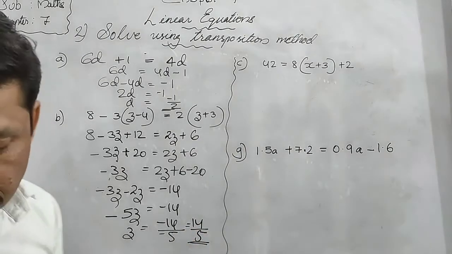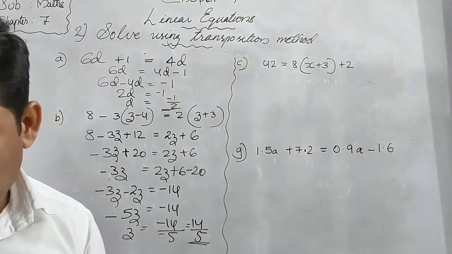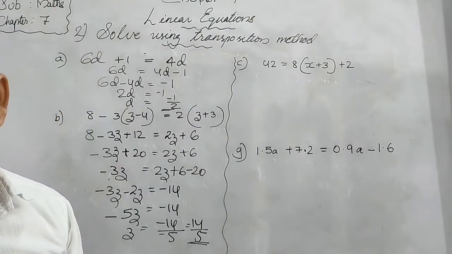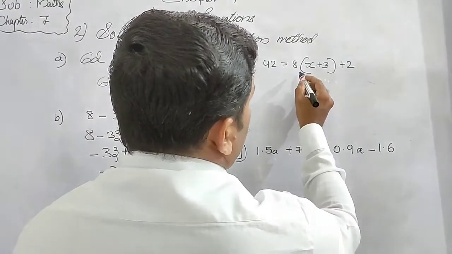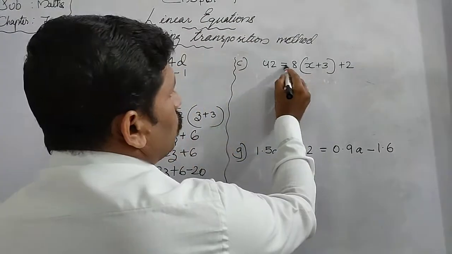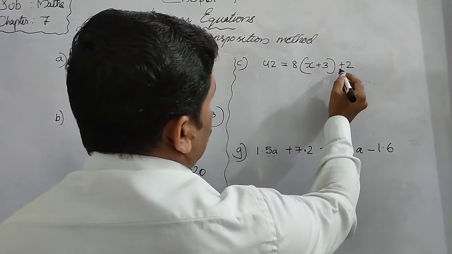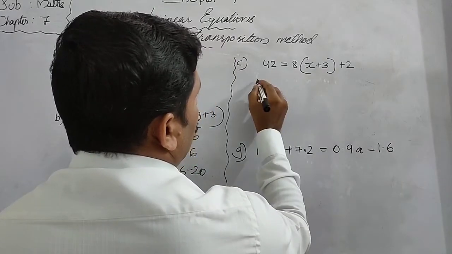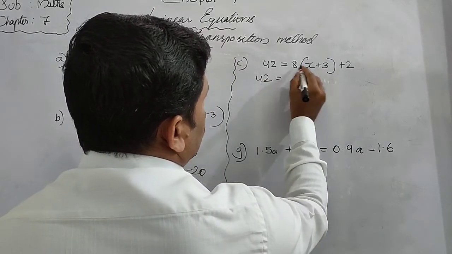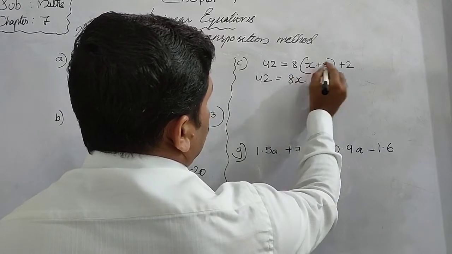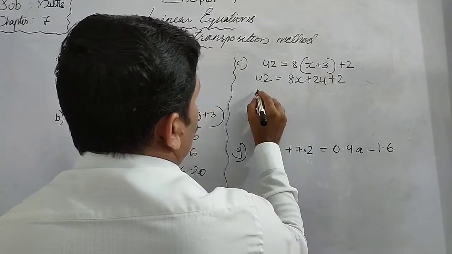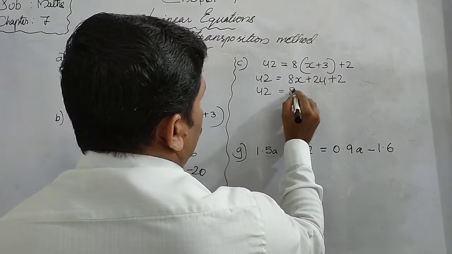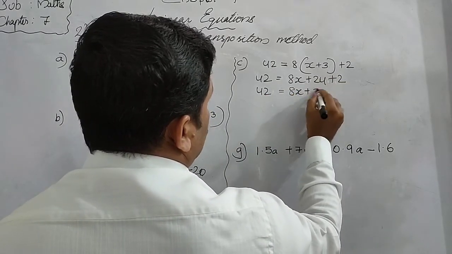The next question is written: 42 minus 8 into x plus 3, plus 2. Here also we multiply: 8 into x is 8x, and 8 into 3, 8 threes are 24, plus 2. So when we write this, 8x plus 24 plus 2 is 26.